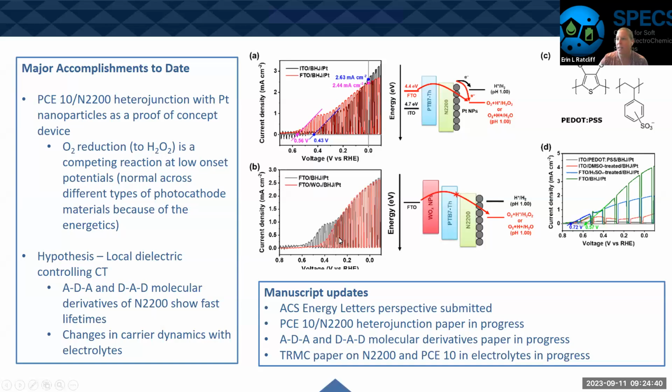One major thing that we've identified, if you look at these energy band diagrams, should come as no surprise in water splitting: one of the competing mechanisms is always going to be oxygen reduction. This is true regardless of what your material is.